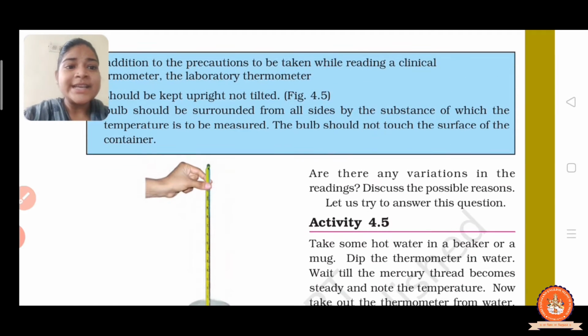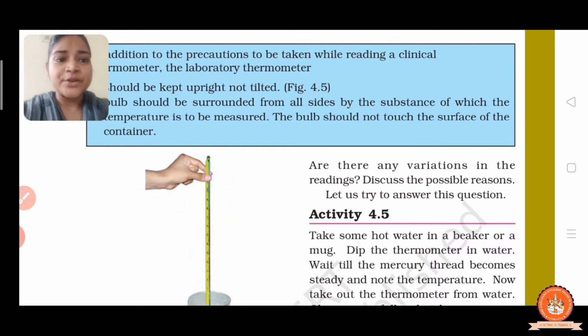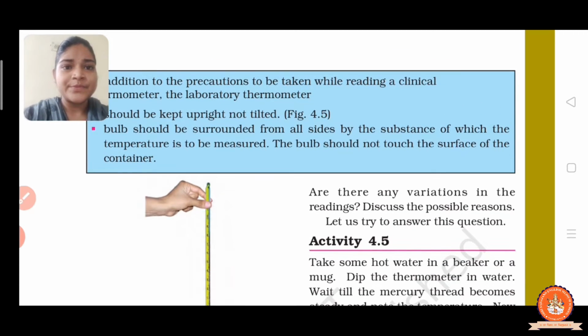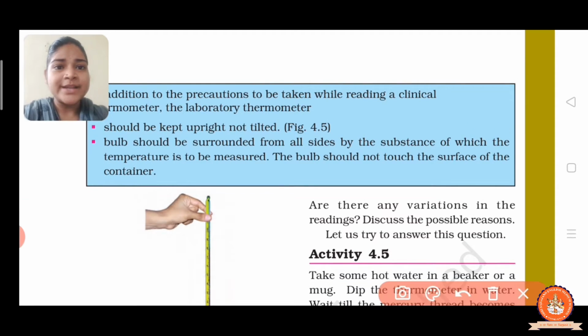So students, here some precautions are given to you. The laboratory thermometer should be kept upright, not tilted. While you take a reading, the thermometer is kept upright, not tilted.